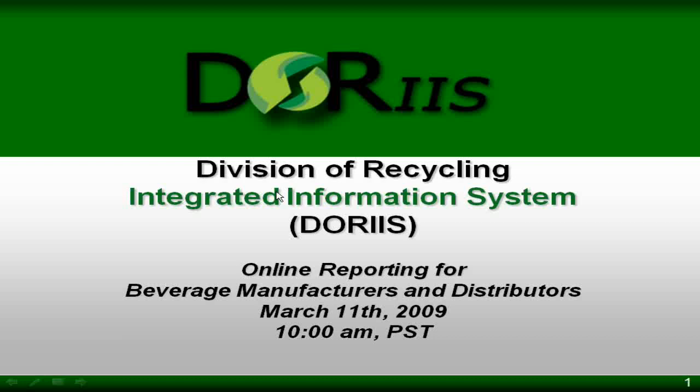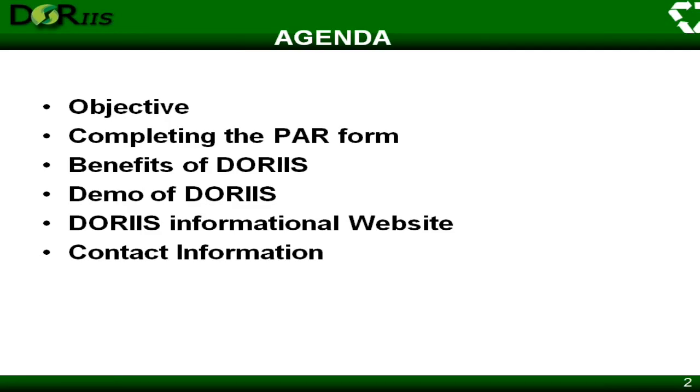So what I'd like to do is just talk about what we're going to do today on the agenda. So I'm going to go over the objective of DORIIS for all of you. I'm going to go over completing the PAR form. The PAR form is the portal access request form. Then I'm going to go over the benefits of DORIIS for your company. I'm actually going to demo DORIIS. I'm going to show how to report a beverage manufacturer report.